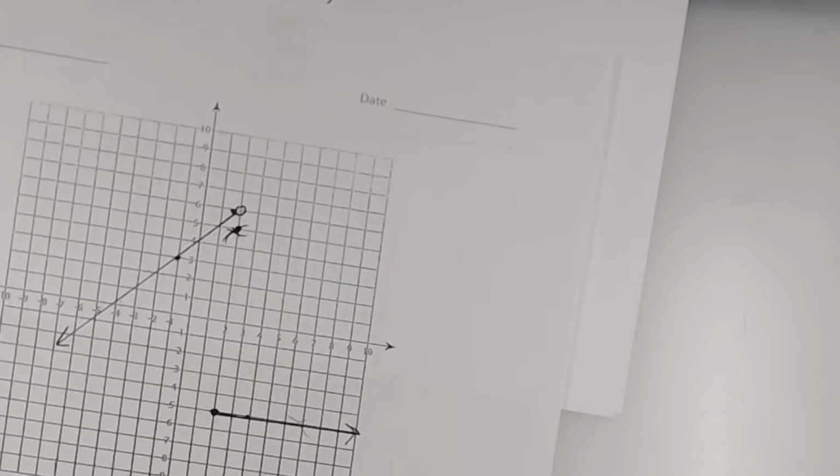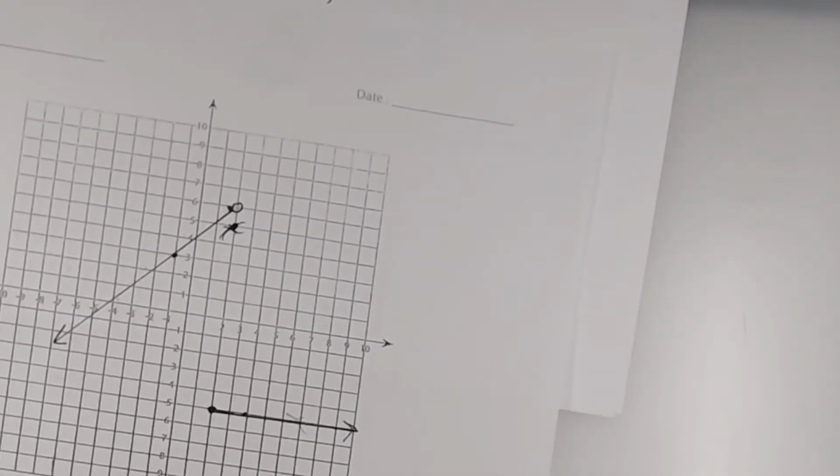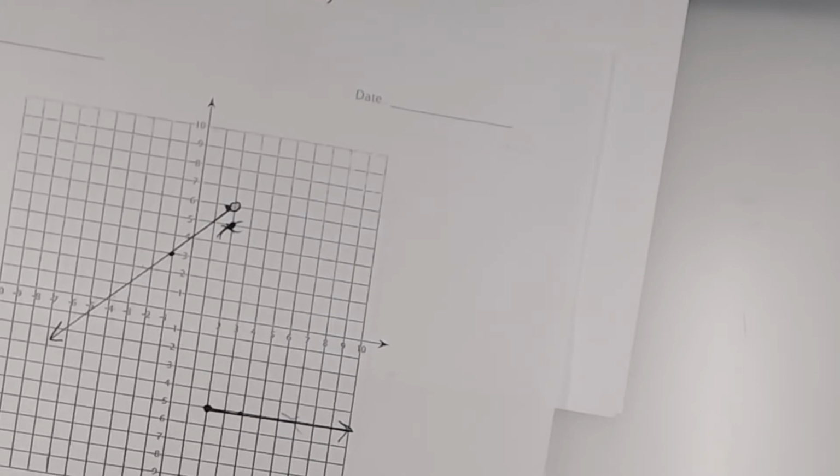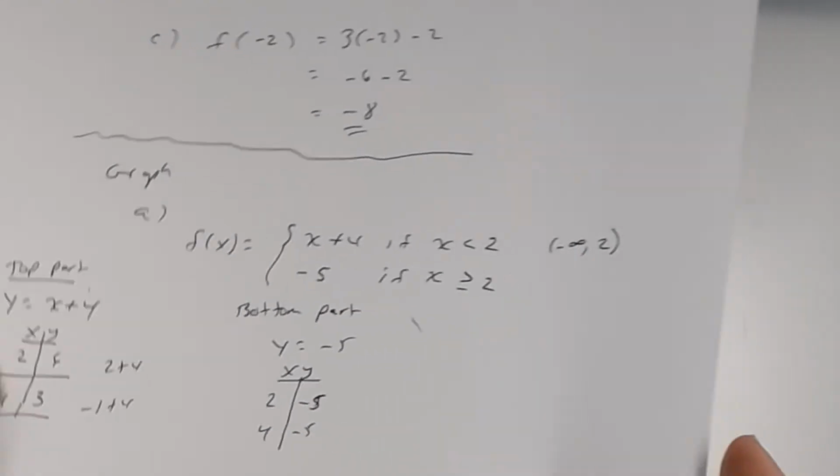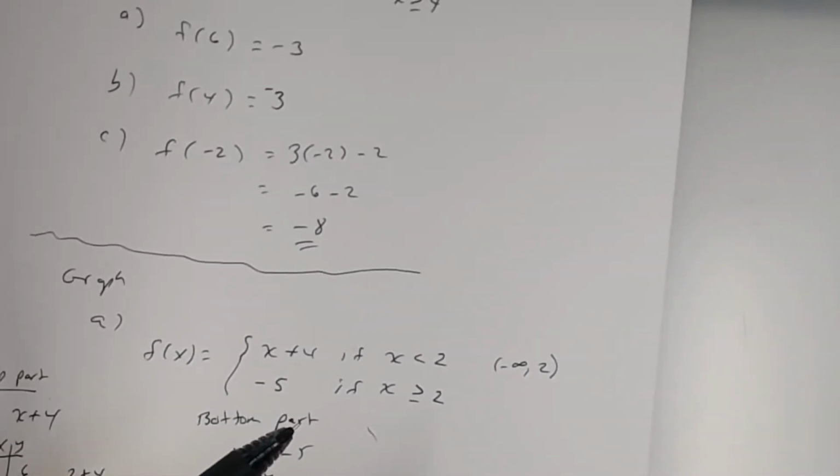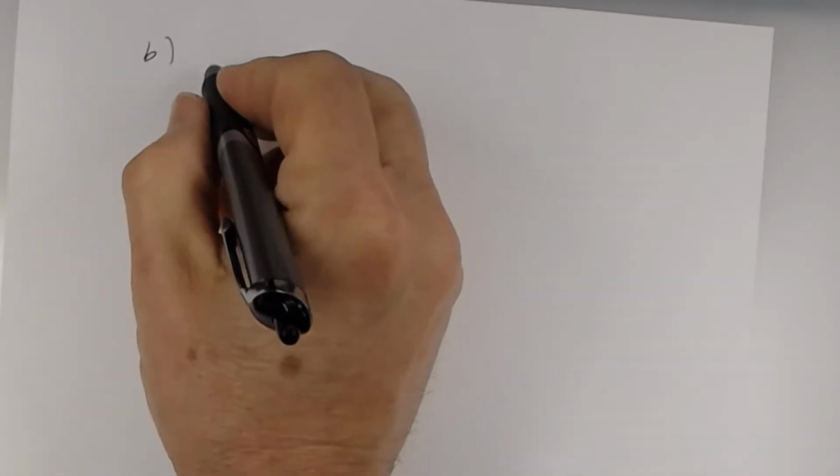This piecewise function had how many parts? 2. You better see 2 parts on your graph. Okay? All right, let's do one more with this, and then that should help you with the back part of that worksheet. So let's do this one. Let's look at part B. So for part B, go ahead and use this piecewise function.